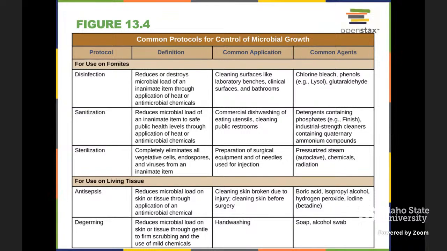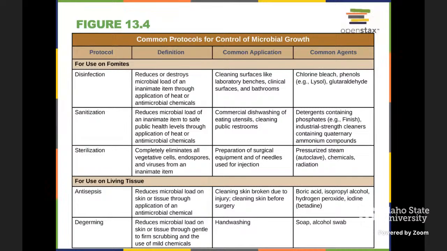Shifting from fomites to ourselves, this is a different situation. You wouldn't want to bathe yourself in the cytocon that we disinfect the benches with. Probably not a good idea. When we think about living tissue, there's two different ways that we deal with this, antisepsis and degerming.